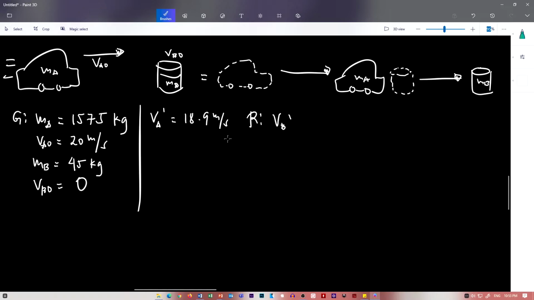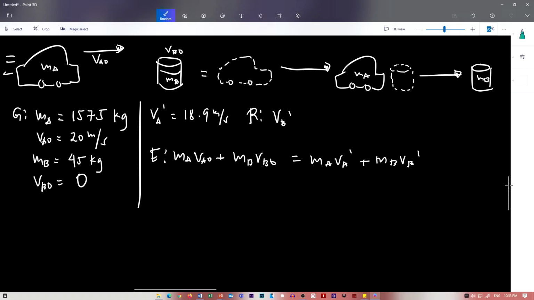So our equation for inelastic collision would be m sub a v sub a sub 0 plus m sub b v sub b sub 0 is equal to, since they did not stick together, they should be separated, m sub a v sub a prime plus m sub b v sub b prime. There you go. Then upon finding that out, you can now proceed on writing your solution. I'm going to write it down here. So m sub a, what's that?